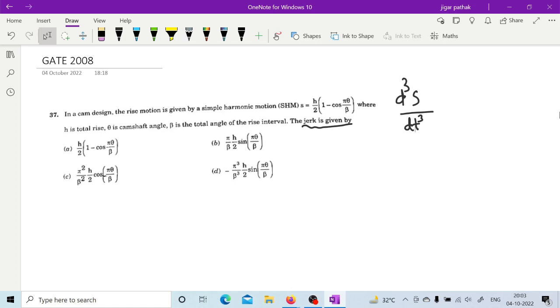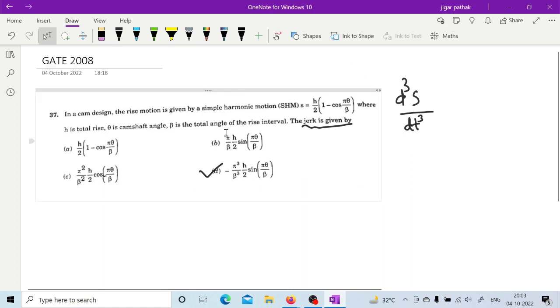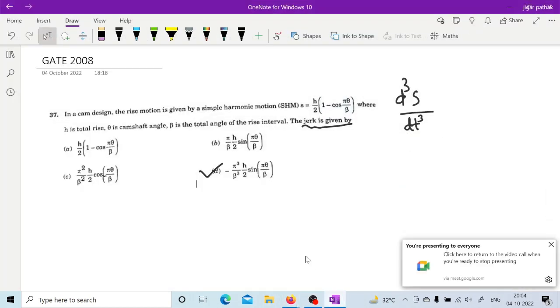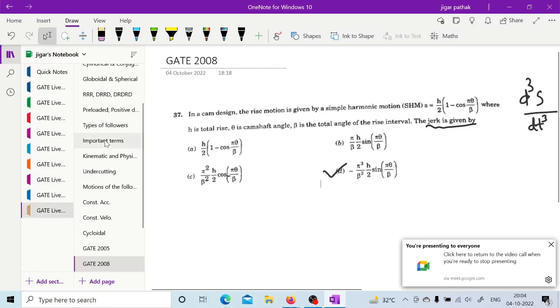Option D, minus pi cube h by 2 beta cube sine pi theta by beta. All of you are getting the same? Okay, so this is how you can get jerk in this particular question. Let us go to the next question.